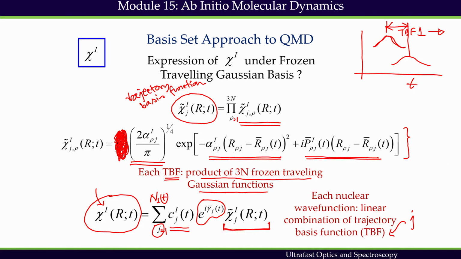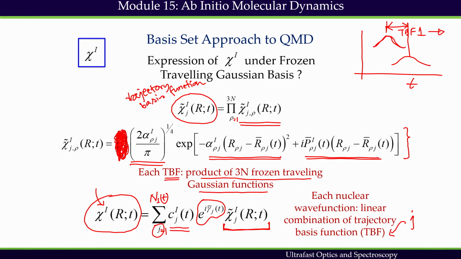Whenever the right time comes in the dynamic simulation, one can introduce many trajectory basis functions, and that's the basis of the ab initio multiple spawning method, where we can spawn or generate a new trajectory basis function as needed when the non-adiabatic coupling would be very high.